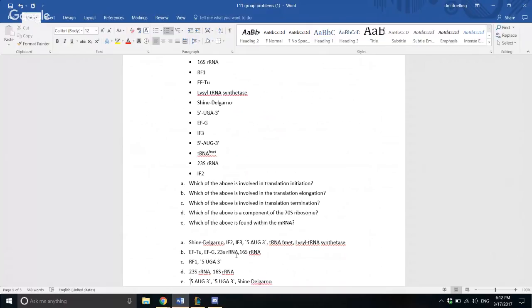So list them off again. EF-Tu, EF-G, 23S rRNA, 16S rRNA. The next one, which components of the 70S ribosome: RF1, UGA, D, same thing, 23S rRNA, 16S rRNA.